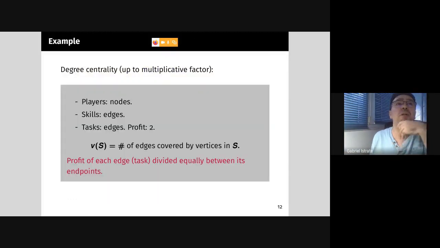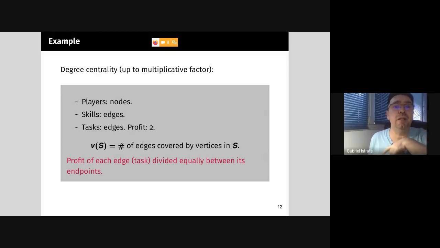Well, let me give you one example. So imagine you want to model the number of edges in a graph. That's my centrality of a node. And you want to get it as a Shapley value of some game. Let me tell you what the game is. Players are the nodes in the graph. Skills correspond to edges.